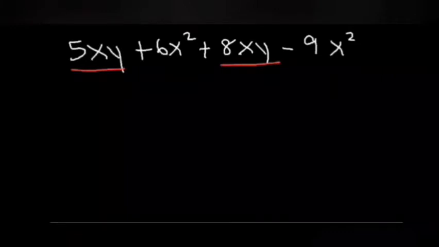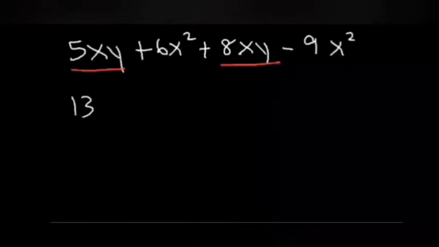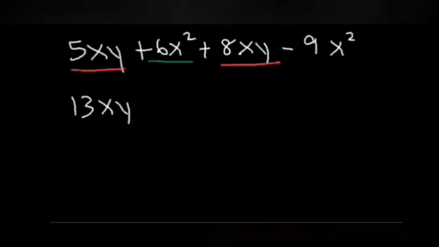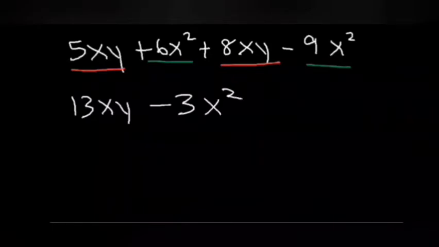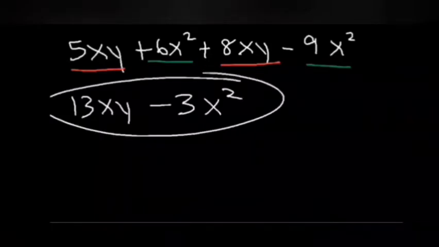So 5xy plus 8xy gives us 13xy. Also we have 6x squared and minus 9x squared as like terms. That gives us minus 3x squared. This question has been simplified.